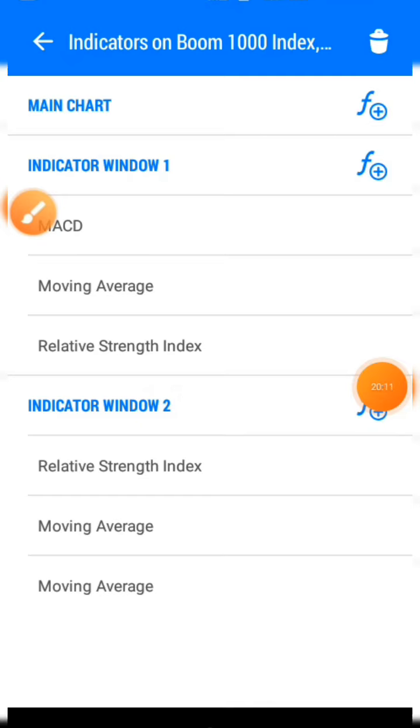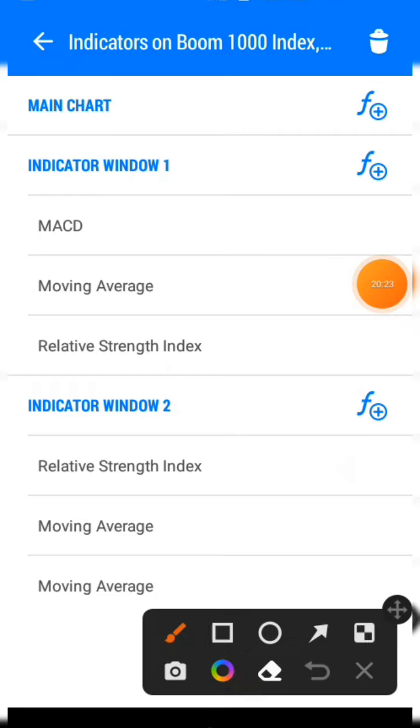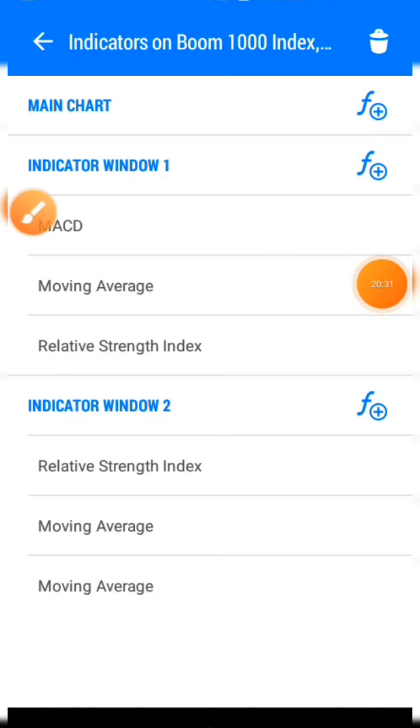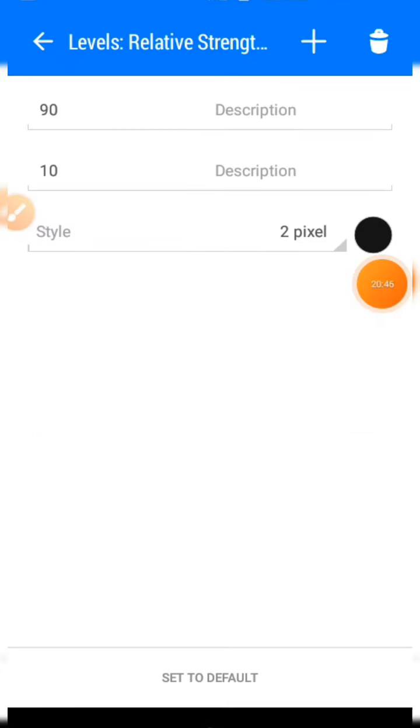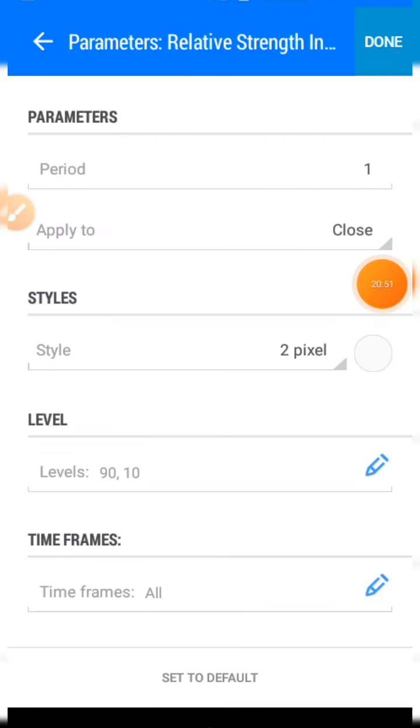Before you add the second window, you are going to click on this first icon, and then you search for relative strength index. After that, the period is 1, just like the first one. The only thing you are going to change on this one is you make it 90 and 10. Then you go back and you click on done.